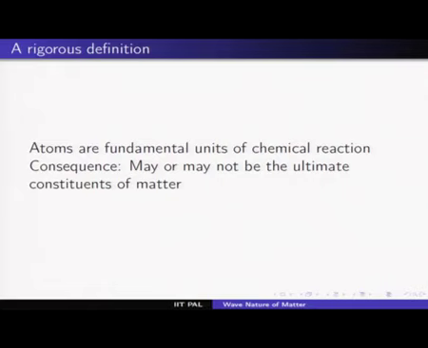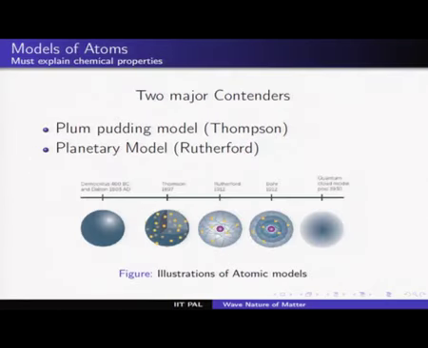And moreover, if they are ultimate constituents of matter, they must be so small that you should not be able to see their size, or otherwise I should be able to find out what the structure of these atoms is. This is the most important thing, and this is where models for the atoms come.